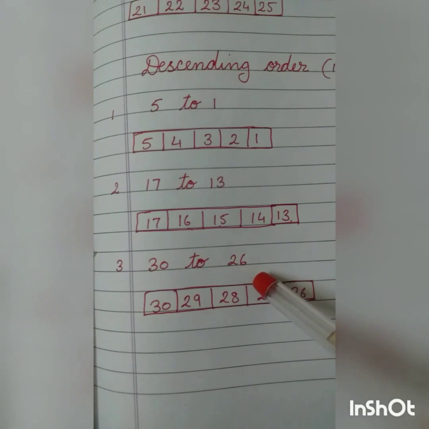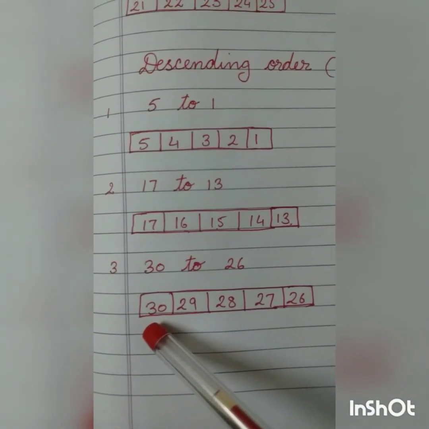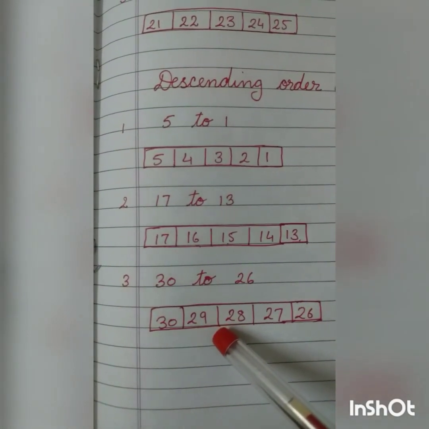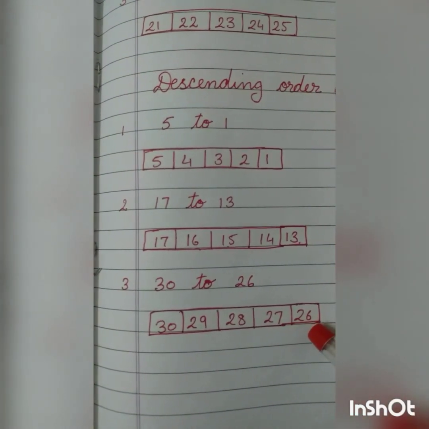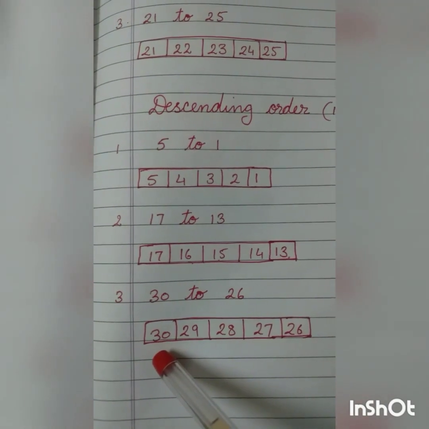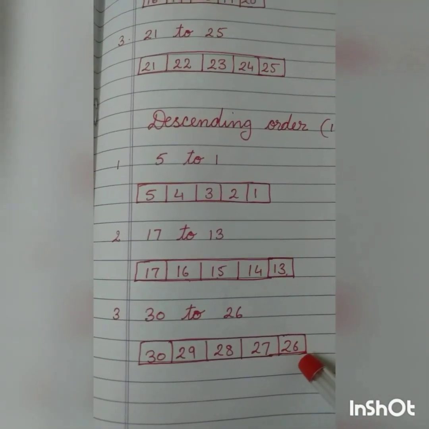So we will start from number 30. 30. Then 29, 28, 27, 26. So we have started with number 30 and we have ended up at number 26.